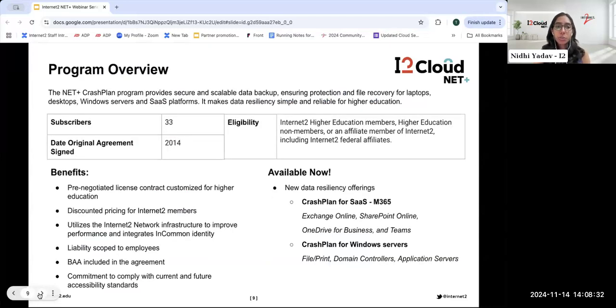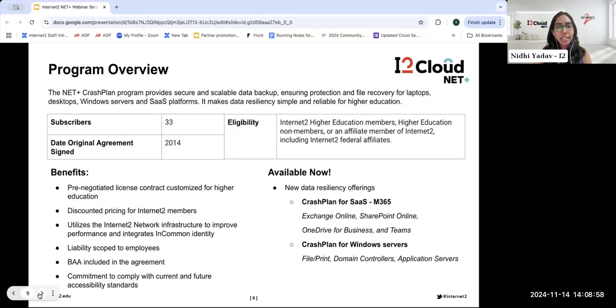Now, let me walk you through the NetPlus Crashplan program and its significant value for higher education institutions. The NetPlus Crashplan program provides comprehensive data protection across your entire institution. The service ensures your data is secure, accessible, and recoverable whenever you need it, including laptops, desktops, Windows servers, and SaaS platforms.